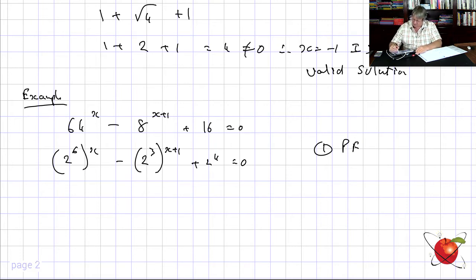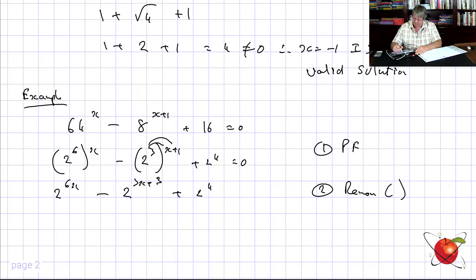Step 2 was remove the brackets. So that's 2 to the power of 6x minus 2 to the power of (3x plus 3). Remember, that's a big error point there, isn't it? We forget sometimes to do that, and that throws us completely out of kilter.